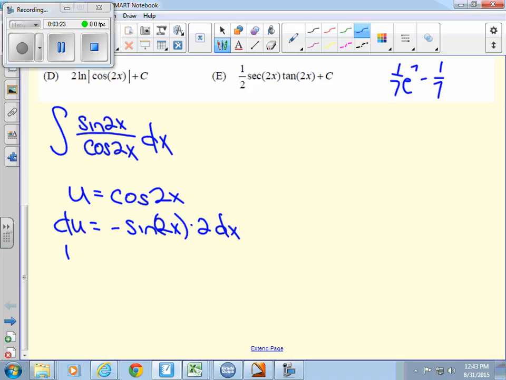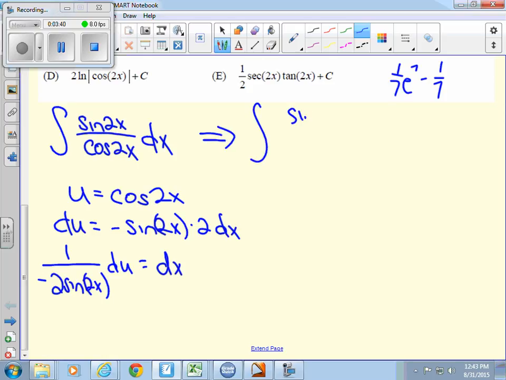So I get 1 over negative 2 sine of 2x du equals dx. So I get the integral of sine of 2x over u times 1 over negative 2 sine of 2x.